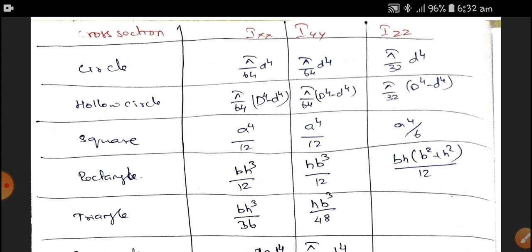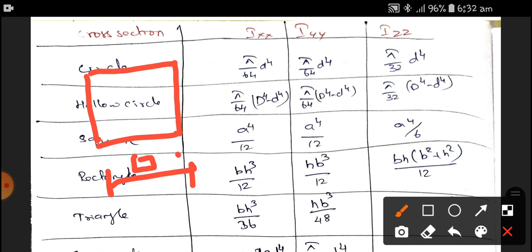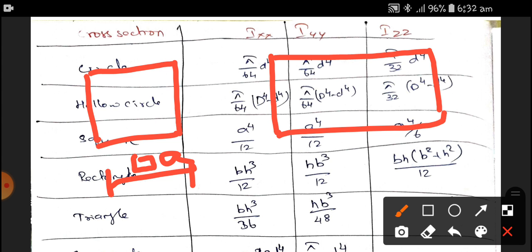In the rectangle, Ixx is equal to bh cube by 12, whereas Iyy is equal to hb cube by 12. The difference is that in a square all sides are equal, whereas a rectangle may have an orientation like this or like this.